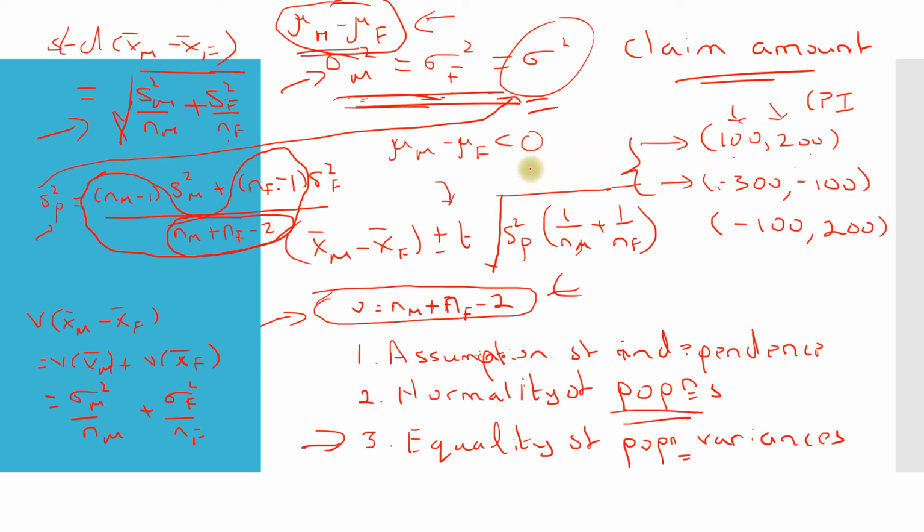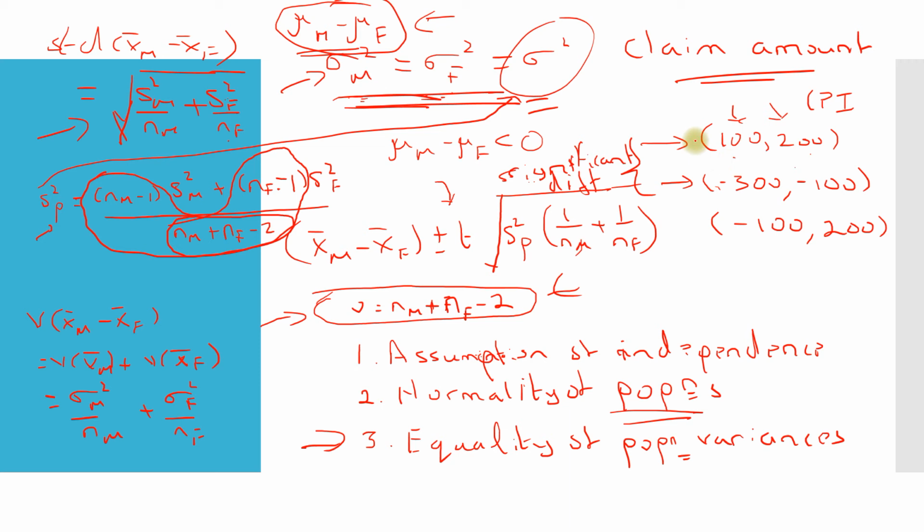It means that there is a significant difference between these two. So it means that there is significant difference if you get something like that or if you get something like that.